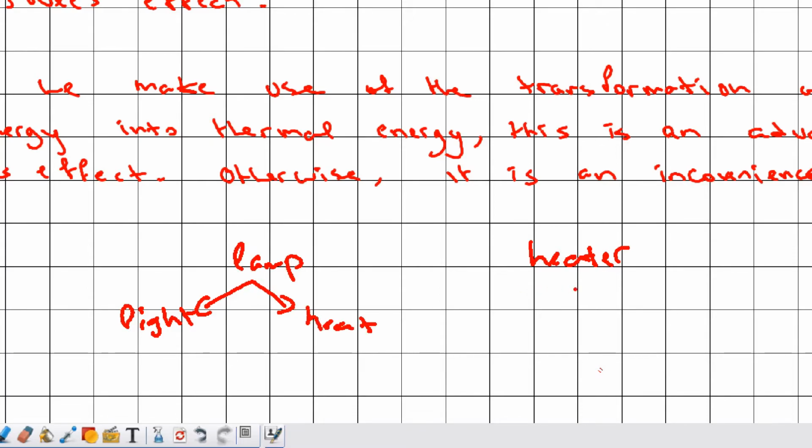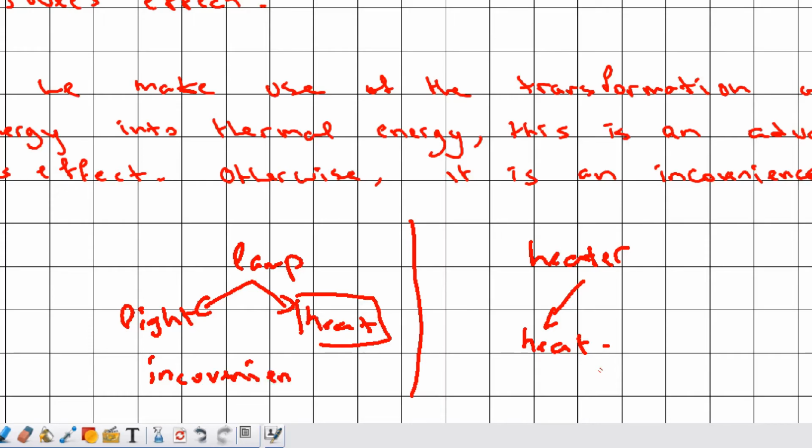But the main reason behind the heater is to give only one type of energy, which is heat. So this heat liberated from the lamp is considered an inconvenience. Why? Simply because we can't make use of this type of energy. But this is considered an advantage simply because we make use of the heat.